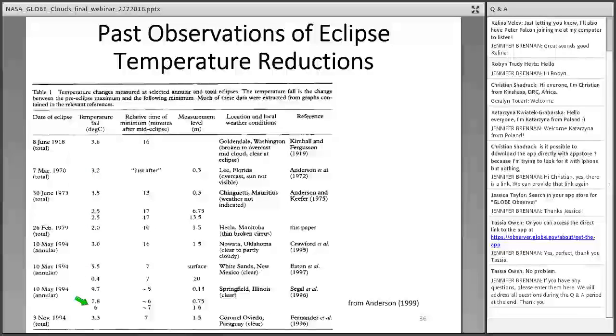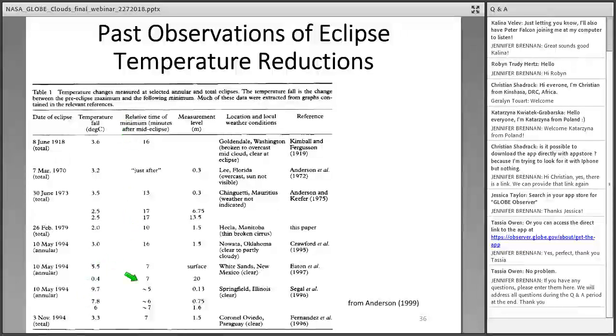The range seen in the past is about half a degree Celsius, or 1 degree Fahrenheit, to about 10 or so degrees Celsius, or about 20 degrees Fahrenheit. So our observations are on the lower end of what people have seen in the past. However, this is consistent with the citizen scientists of our event observing in both clear and cloudy conditions, where clouds tend to reduce the temperature depression caused by the eclipse.